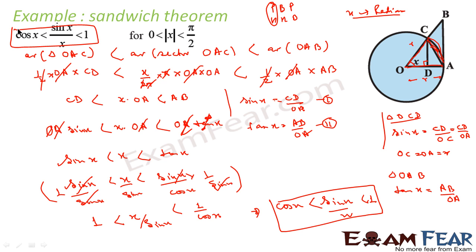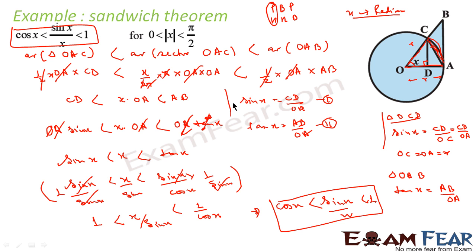What we have done, we have used the sandwich theorem here. We have seen that in this case, the area of triangle OAC was less than the area of sector OAC, and that was again less than the area of triangle OAB. We have found the formula of the area with OA, and 1 by 2 was common. We cancelled that. We got this equation in CD, OA, OB terms, but we wanted it in sin x and cos x form.